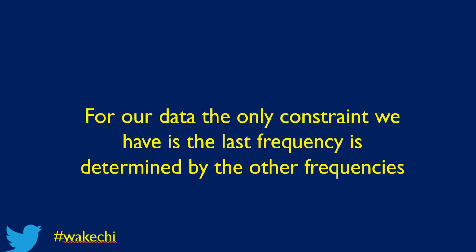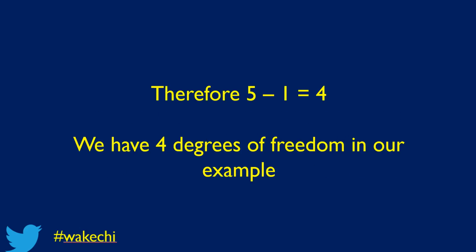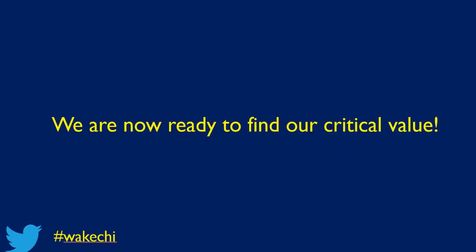It's a constraint. It has to be a number that equals 120 altogether. And that's going to be the case with all discrete uniform distributions. You just need to take one away. So we had 5 bits of data, 5 cells. Take one away from that. We have 4 degrees of freedom in our example.